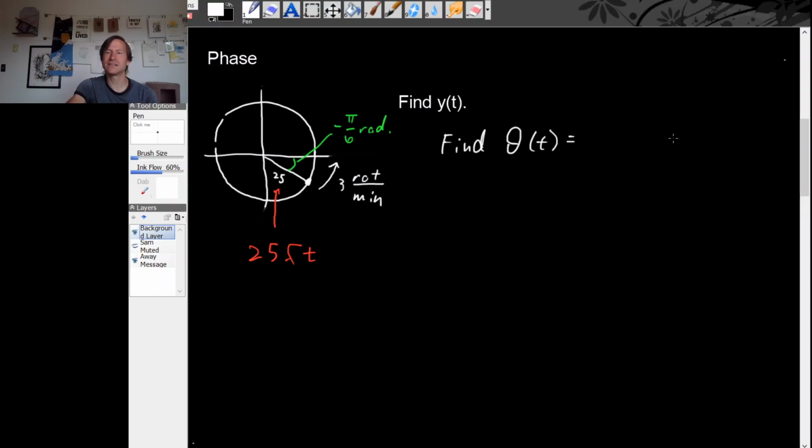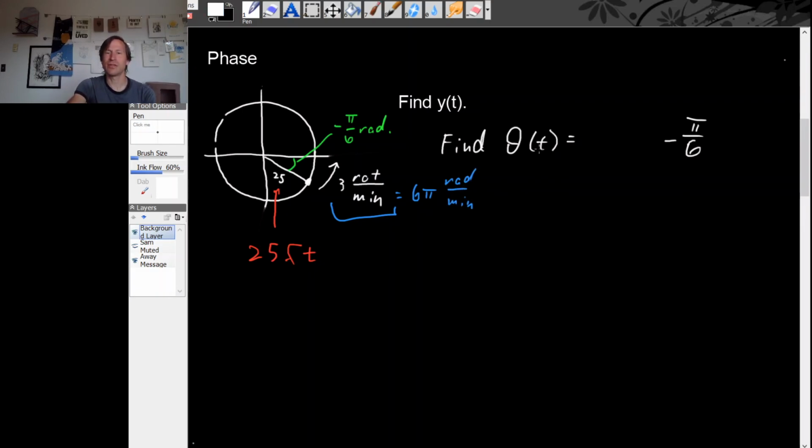Okay, well, its initial angle is minus pi over 6, and the angle that it's rotated through is increasing 3 rotations per minute. Of course, we should convert that to radians per minute by multiplying by 2 pi. So that's 6 pi radians per minute.